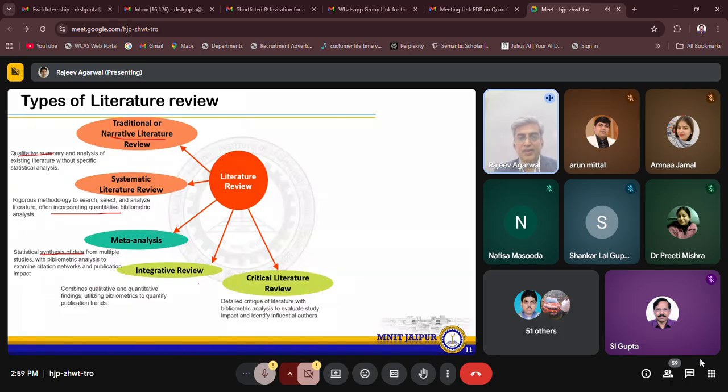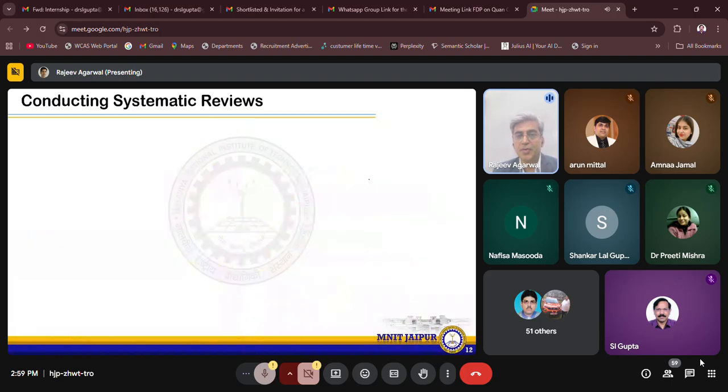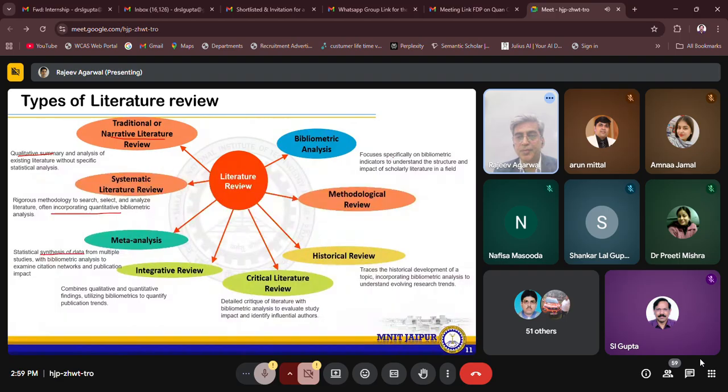Another is integrated, critical, historical, methodological, and bibliometric. So bibliometric is important where bibliometric indicators are used to understand the structure of scholarly literature in a field. So it's not one type of review, it's type 1, 2, 3, 4, 5, 6, 7, 8. So different types of it.